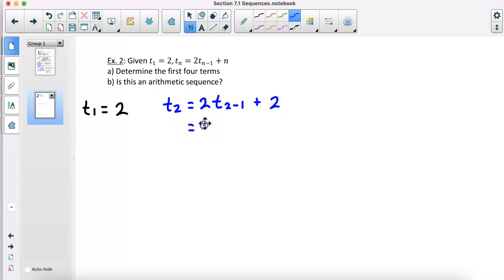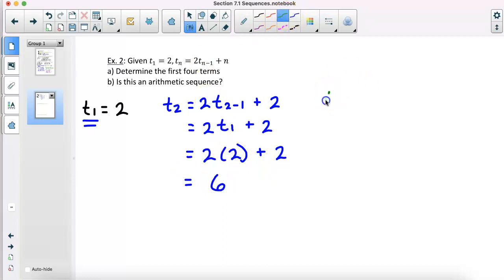We can simplify this to 2t(1) plus 2, and we know this t1 from our term beforehand. So this is going to be 2 in front here, t1 is also equal to 2, plus 2. And this is going to be 4 plus 2, which is going to be 6.